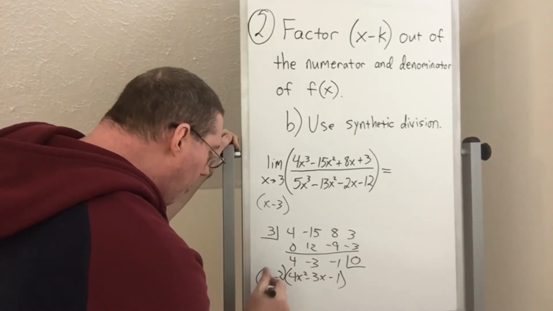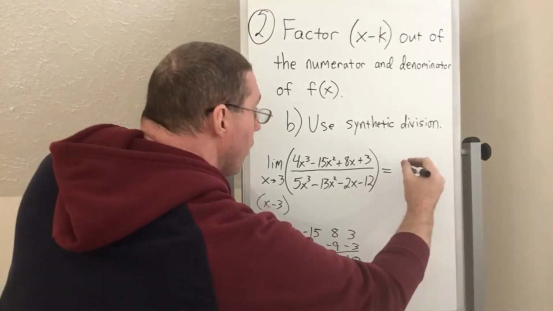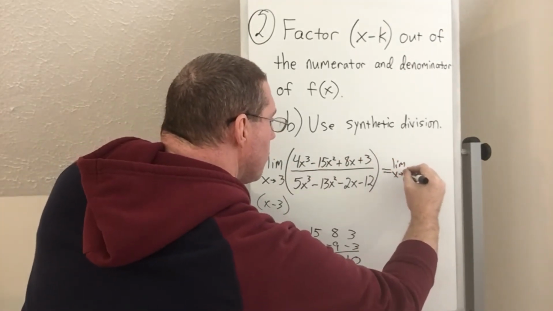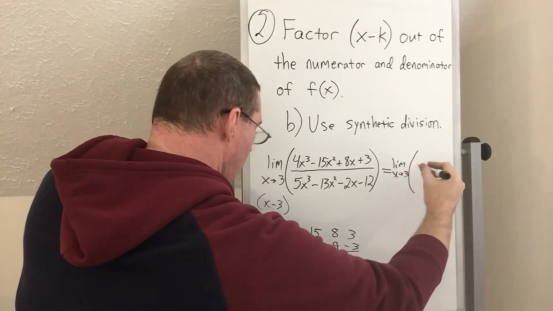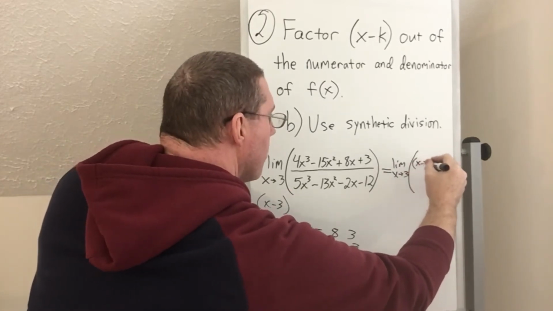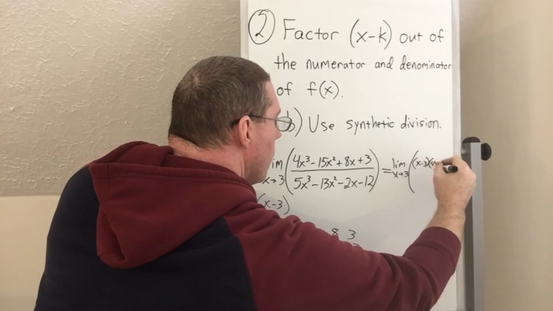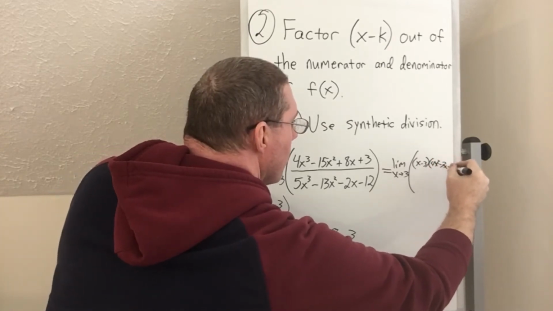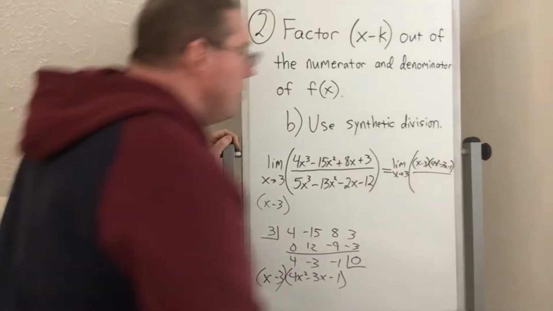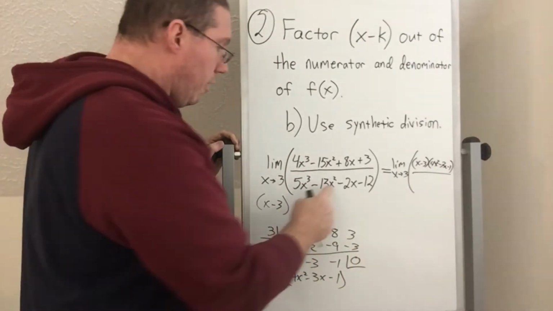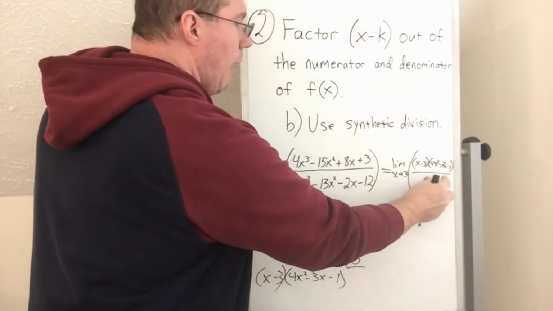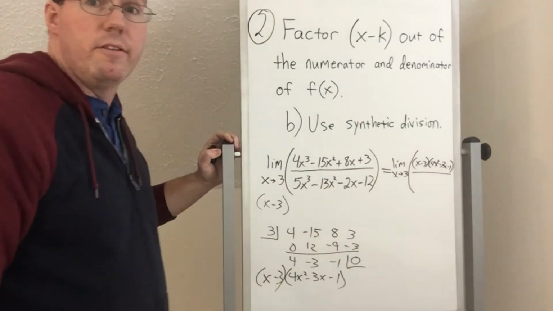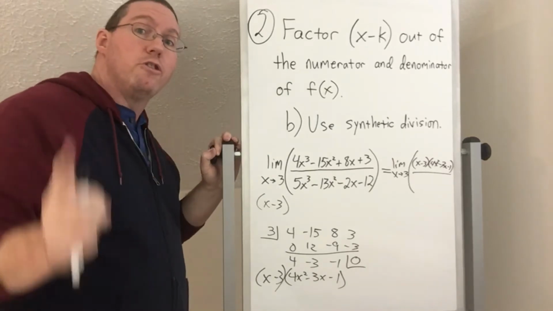I have factored out x minus 3, and over here I can do the limit as x approaches 3 of, and in the numerator I can put x minus 3 times 4x squared minus 3x minus 1, and then I can do the same thing in the denominator. And once I do the same thing in the denominator, I will then have factored out x minus 3 from the numerator and the denominator, okay?